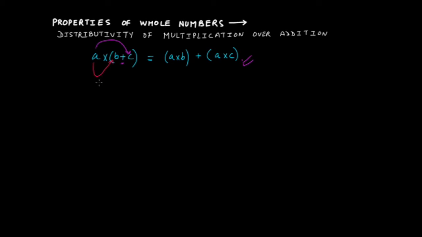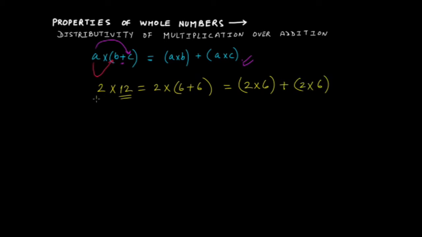The example is, suppose I take 2 multiplied by 12. I can write it like this, 2 multiplied by (6 plus 6). I've just expanded it, and therefore it would be 2 times 6 plus 2 times 6.